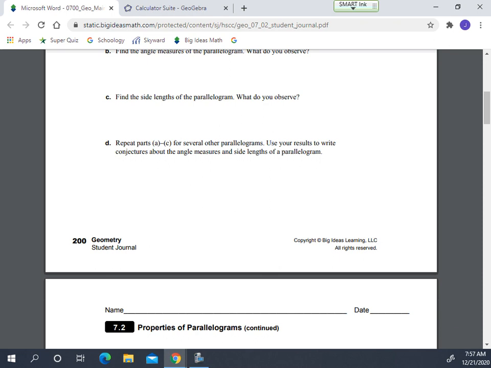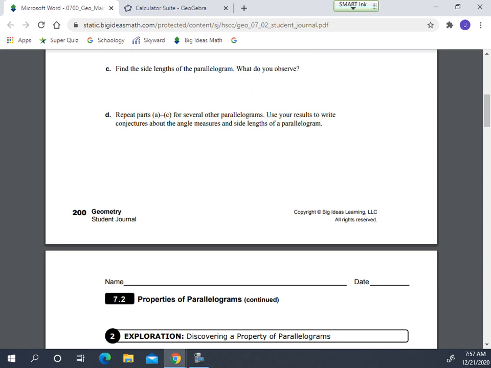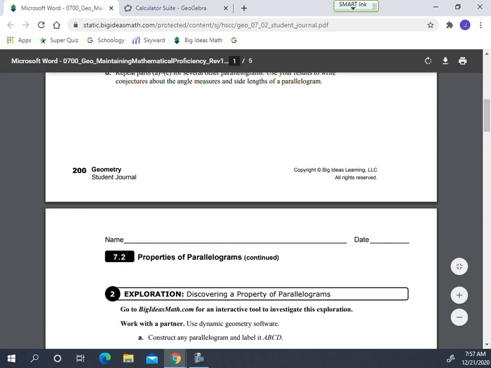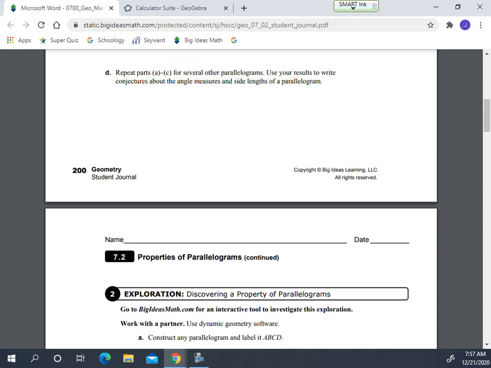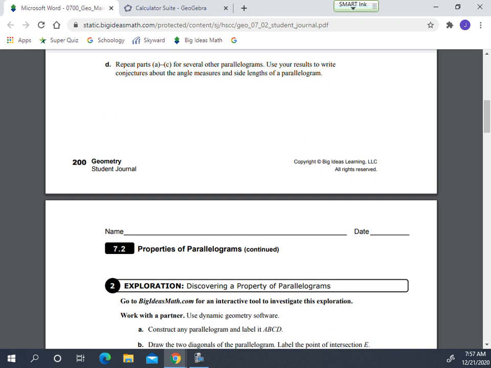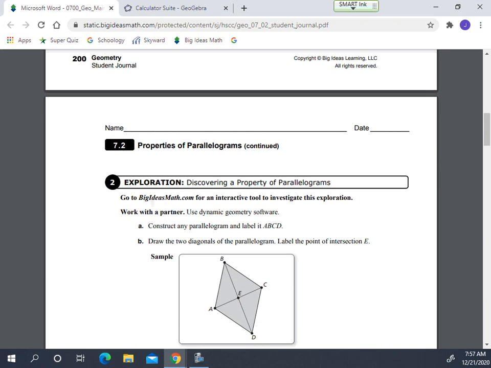They want us to repeat those parts for D, but we really don't have to. We know just based off the parallelogram we created that opposite angles are congruent, consecutive angles are supplementary, and opposite sides are congruent.